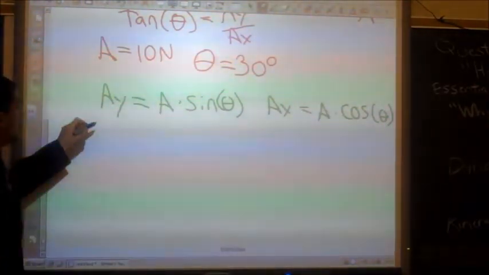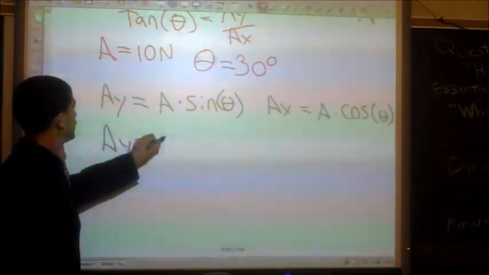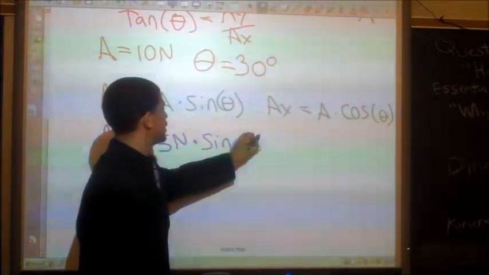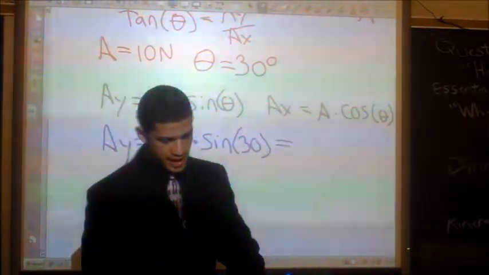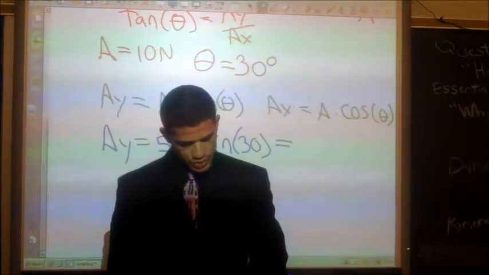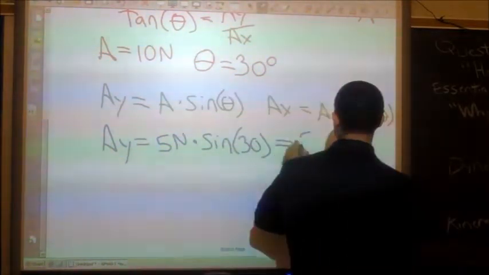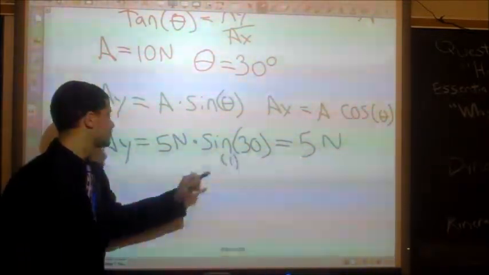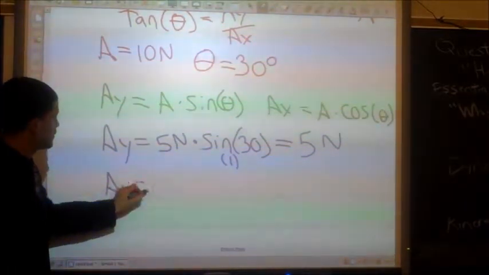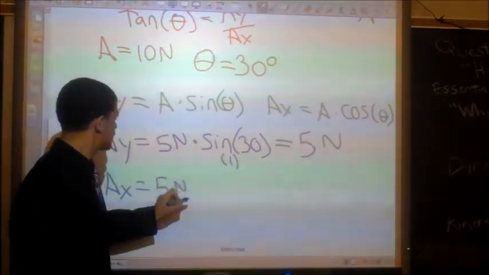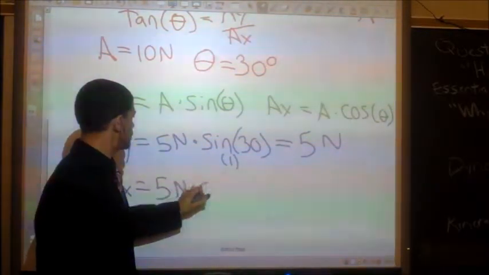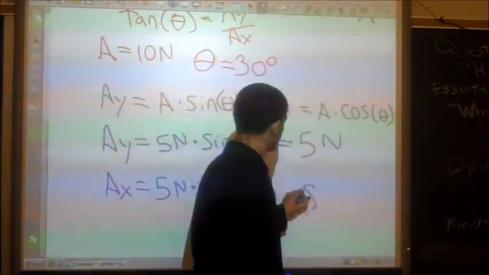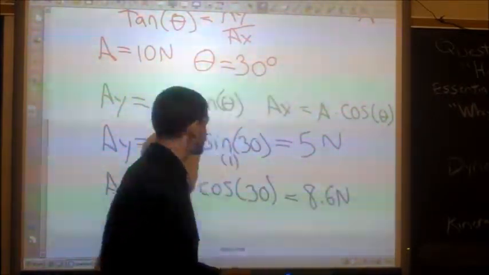In this equation, A of y equals 5 newtons times sine of 30, and for A of x, 5 newtons times the cosine of 30, which equals 8.6 newtons.